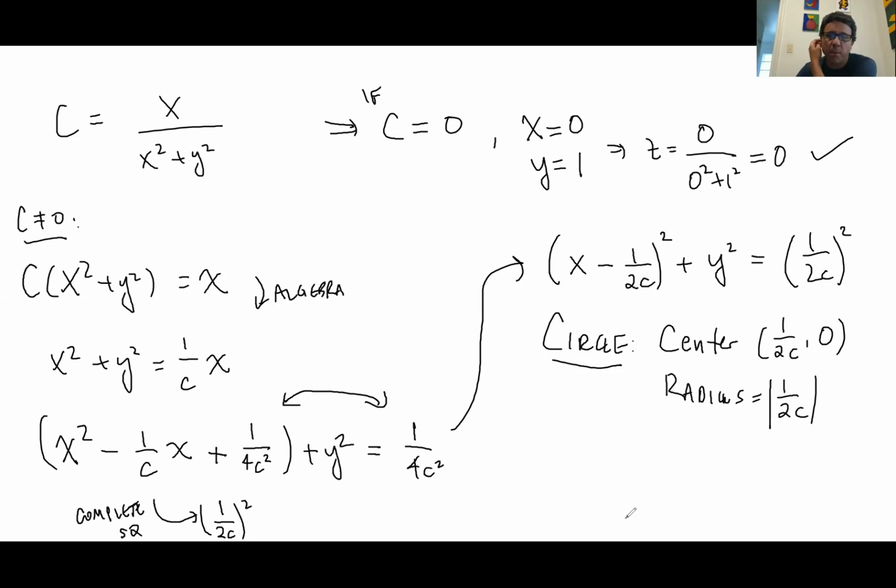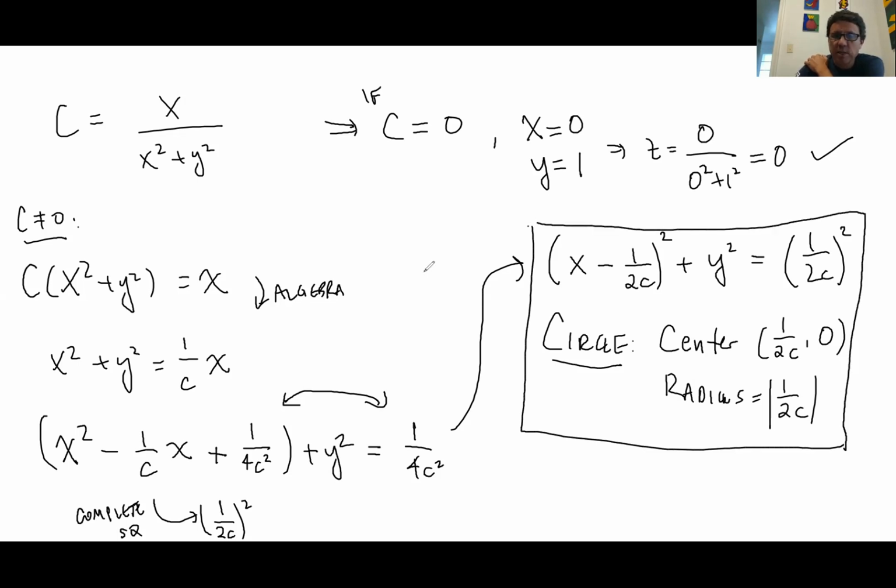I need the radius to be a positive number, and c might be negative. So this is the level curve for that particular value of c, which means I can hit any c that I want. I pick any point on the circle, plug it in to the function, and z will work out to be what I need it to be. It'll work out to be c. If it's 0, then I can pick lots of points and get 0.